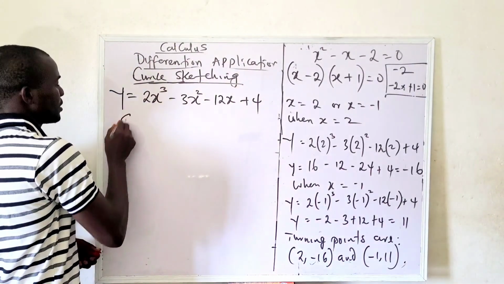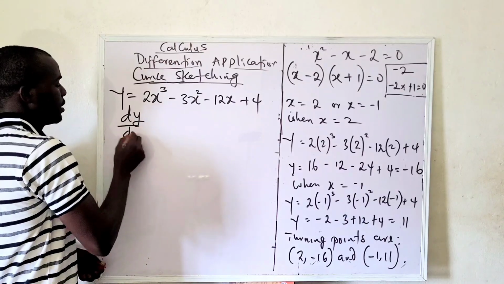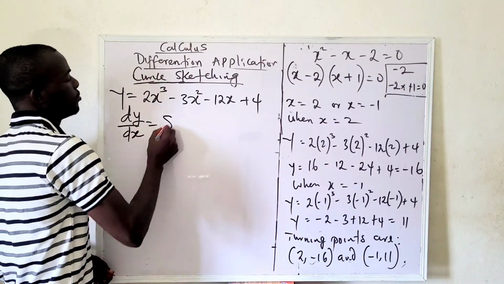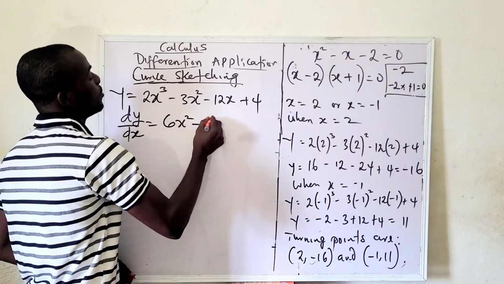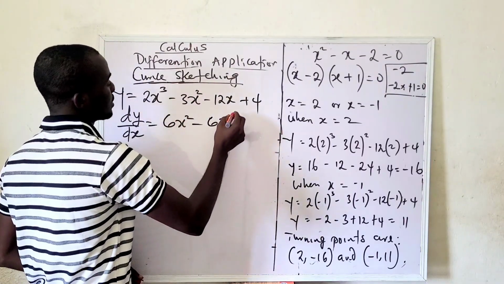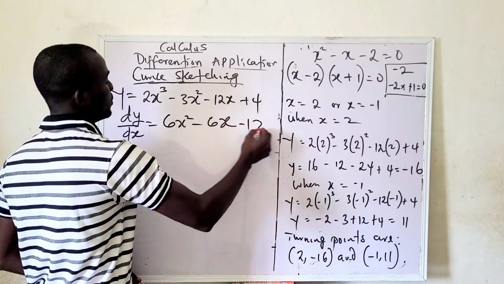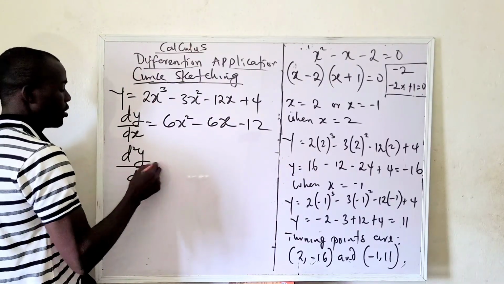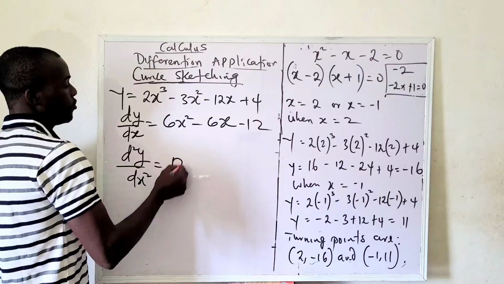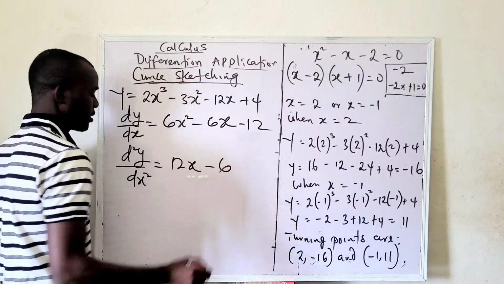Remember, our first derivative was 6x squared minus 6x minus 12, isn't it? Therefore, the second derivative will be 12x minus 6.